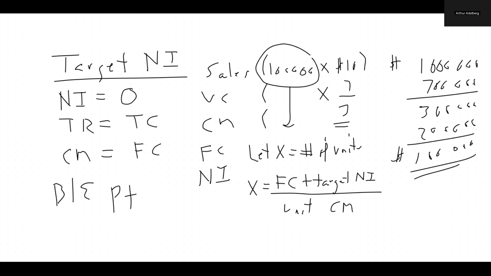So a manager is going to ask you, how many units do I have to sell in order to break even? Therefore, we would use the X formula to answer that question. Now, X equals the fixed cost of 200,000.